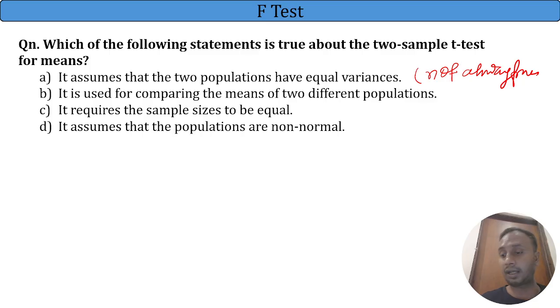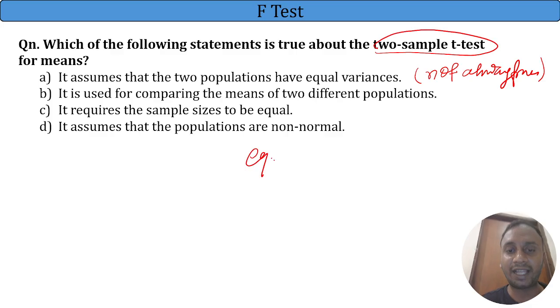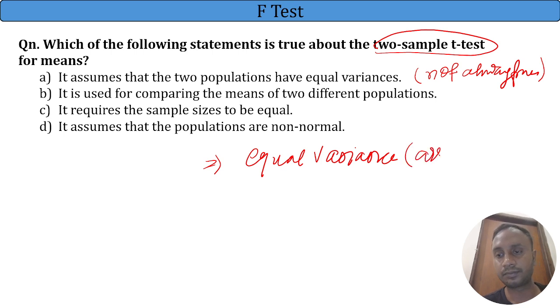It can be, it can't be, because when we are going to do it, we have two cases. Once we have assumed there is an equal variance, sometimes that would not always hold. When we talk about the two sample t-test, the assumption is actually about the variance, not the mean.